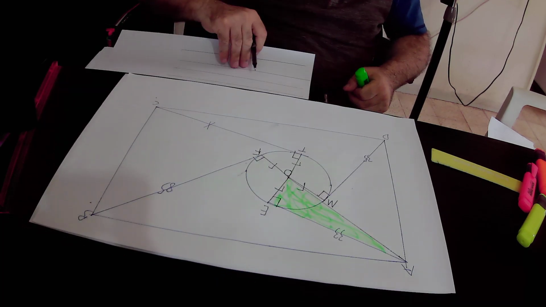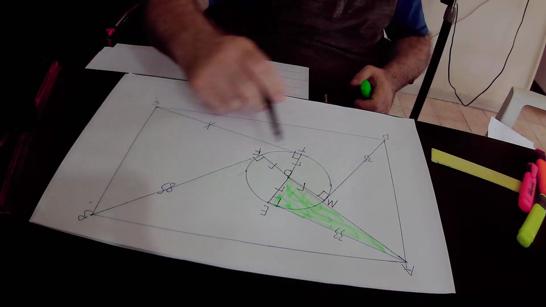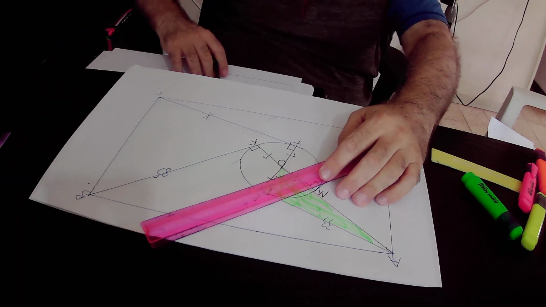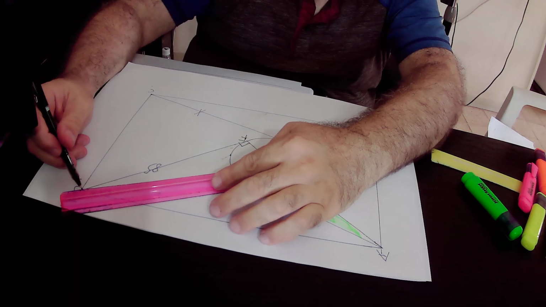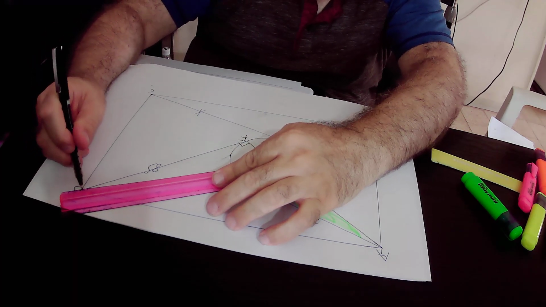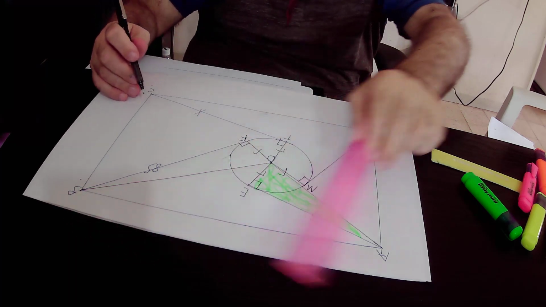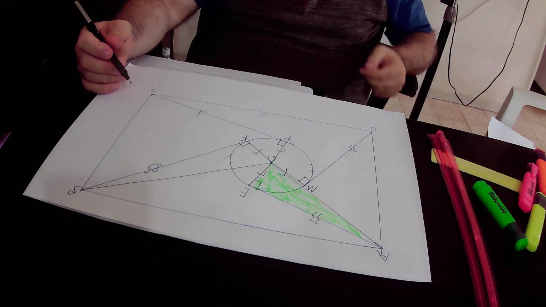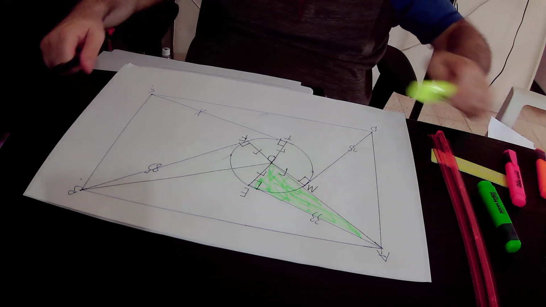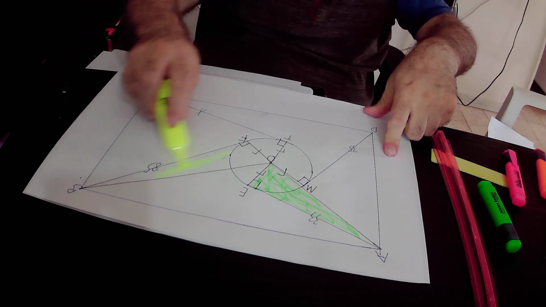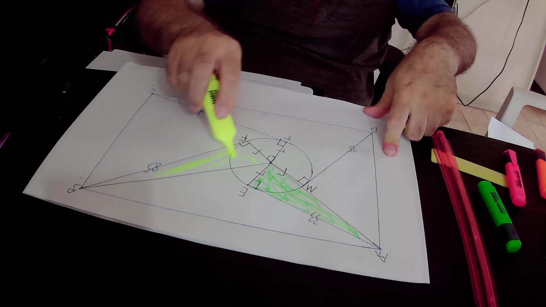In the next step, we'll join points O and B together by a straight line. So here we will implement the Pythagoras theorem on the right yellow triangle OFB.